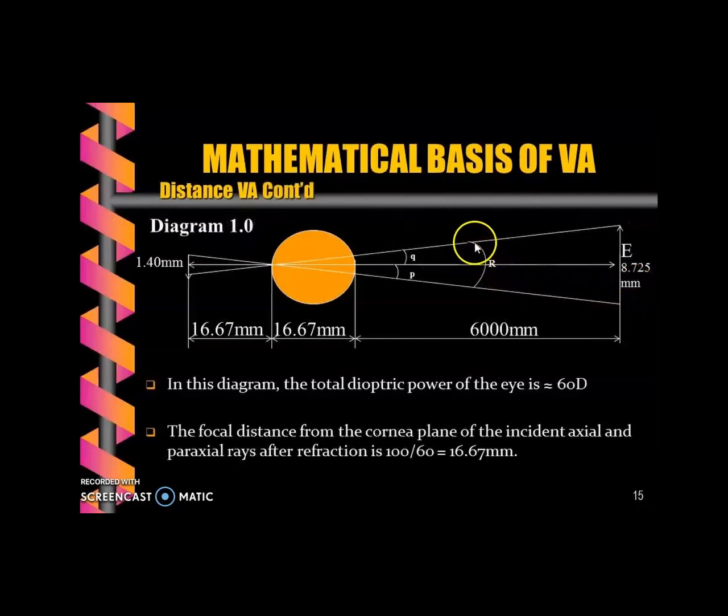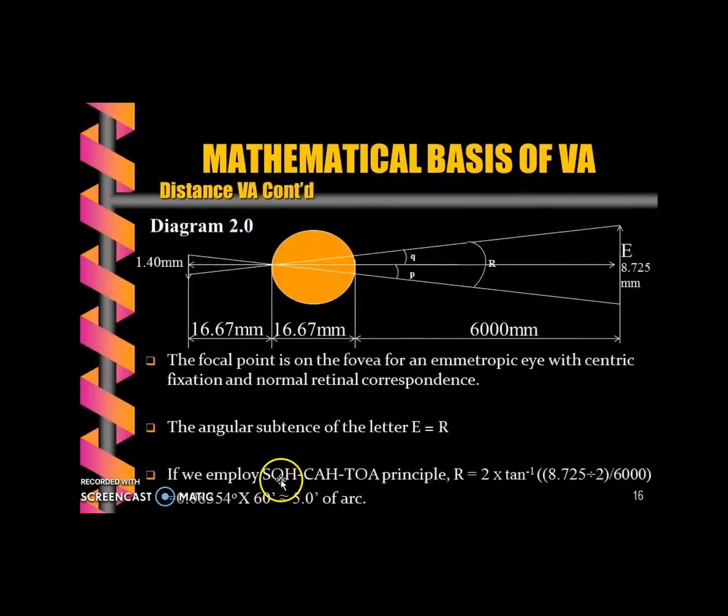Then the angular subtense here, which is R, at which this holds true, will have to be calculated using the SOHCAHTOA principle. It's a mathematical principle where sine is equal to opposite over hypotenuse, cosine is adjacent over hypotenuse, and tan is equal to opposite over adjacent. And from our diagram, we are looking for R.